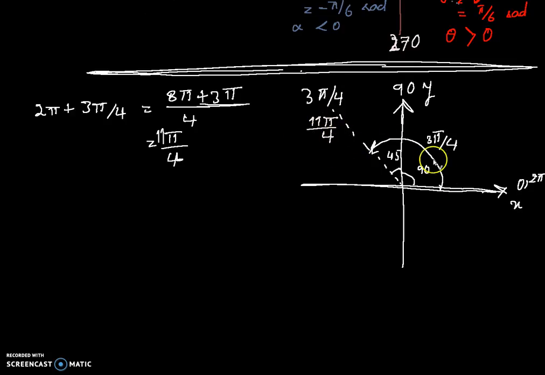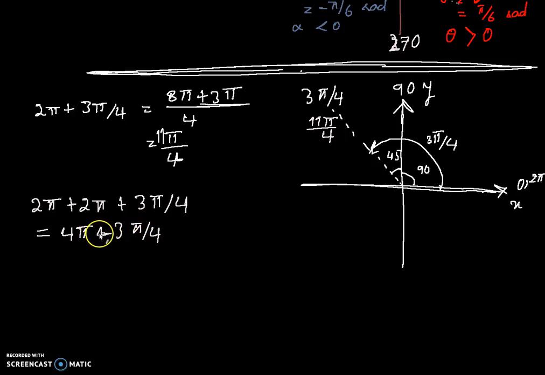And then if you go another 2 pi, another revolution, 1 time, 2 times, and then for the third time you go 3 pi by 4, let's see what you end up at.